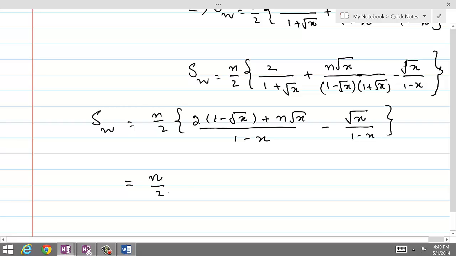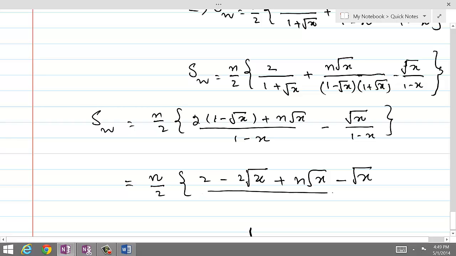For simplification, this is equal to 2 minus 2 under root x plus n into under root x minus under root x over 1 minus x.